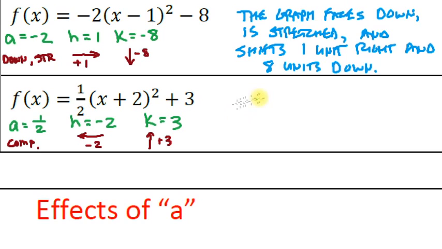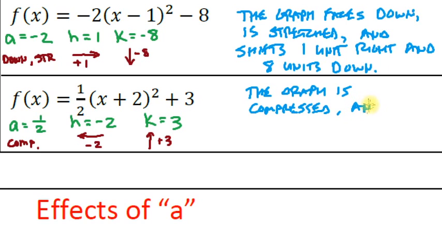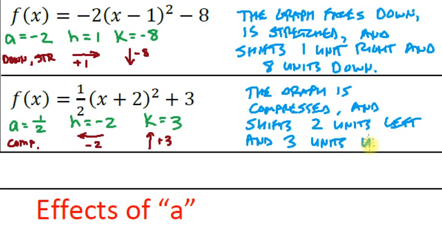So our description is the graph is compressed and shifts 2 units left and 3 units up.